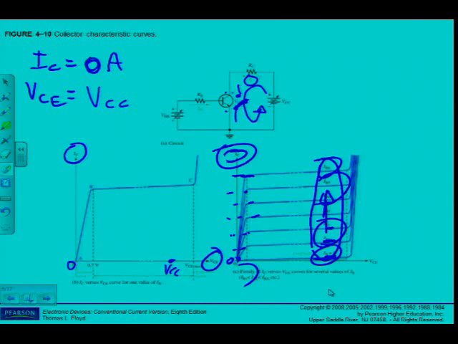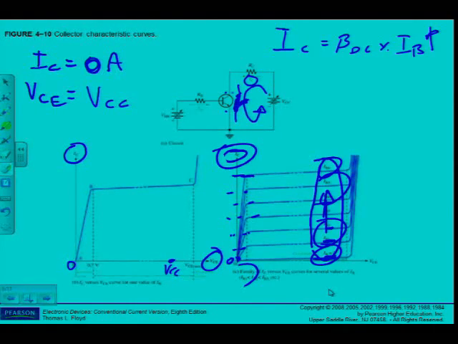Alright, so now the switch is fully on. I've got my formula, IC is equal to beta DC times IB. Now I start to increase IB. Remember it was 0. As I increase IB, IC becomes more and more, up to a certain point where I get maximum current.